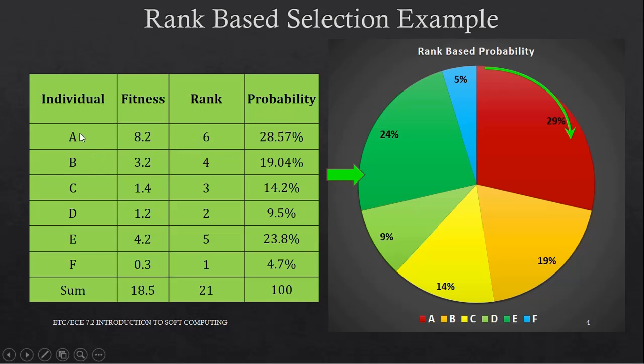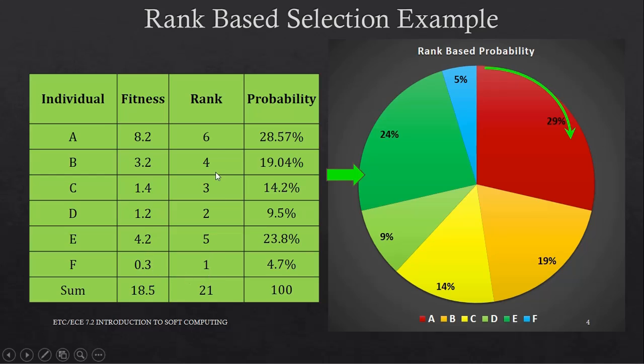So in our example, N is equal to 6. A gets the rank 6. E gets the rank 5. B gets the rank 4, C gets the rank 3, D gets the rank 2 and F gets the rank 1.